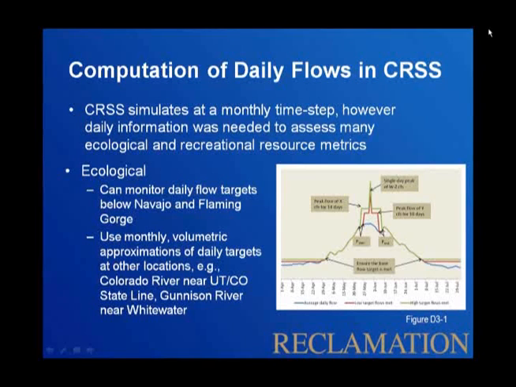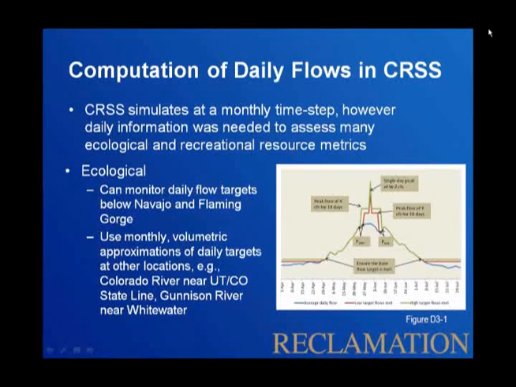The next method we used at other locations really took different flow requirements that were stated in terms of a particular flow for a certain number of days, and we took the daily USGS gauge data at these locations, and then took the average hydrograph for those locations and superimposed the daily flow requirements over those daily hydrographs.